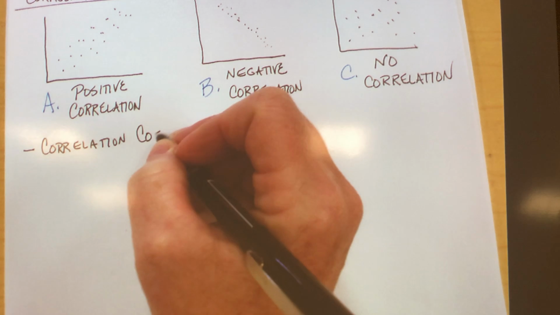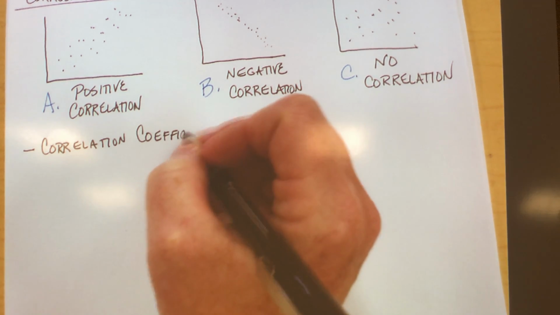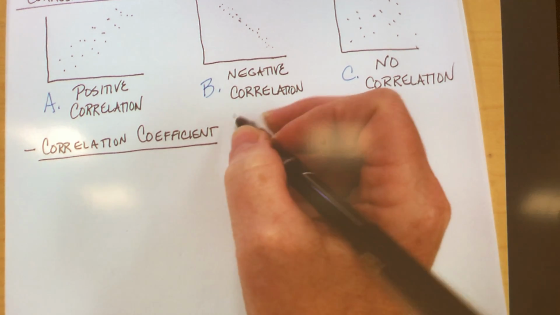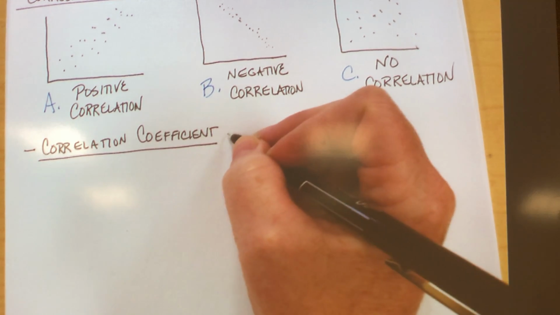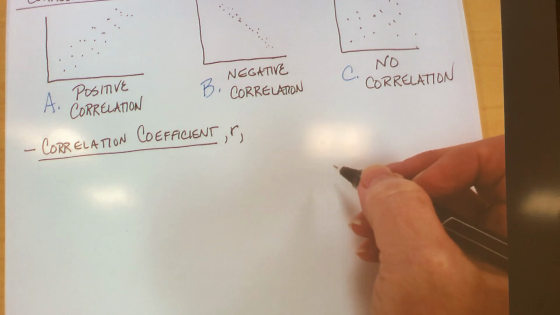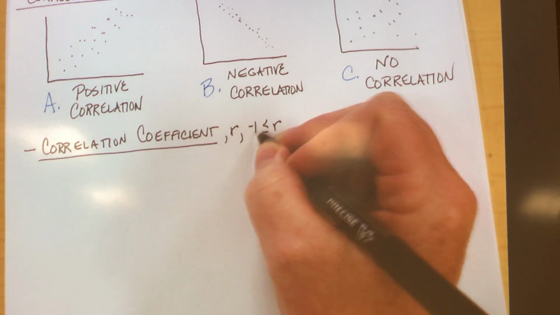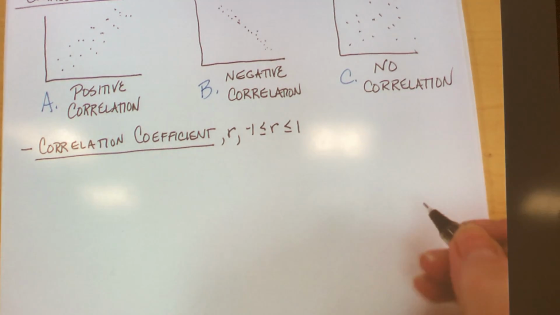Correlation coefficient. The correlation coefficient is R, okay? And R is between -1 and +1 inclusive.